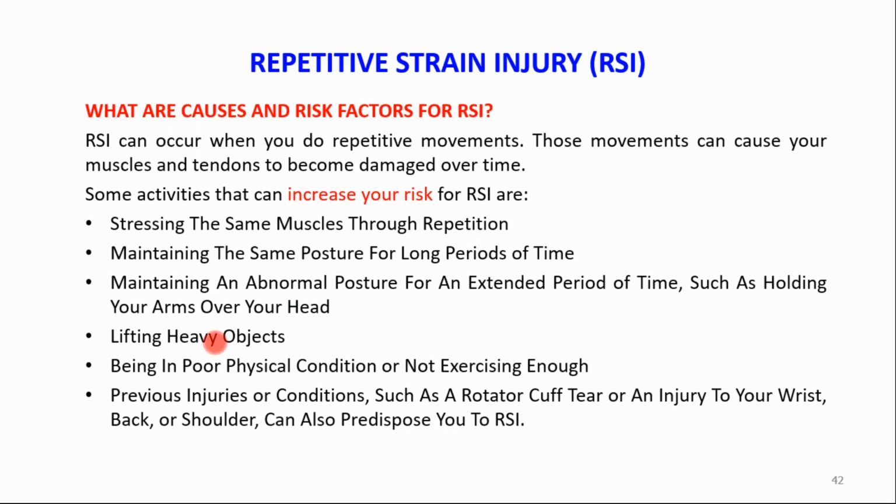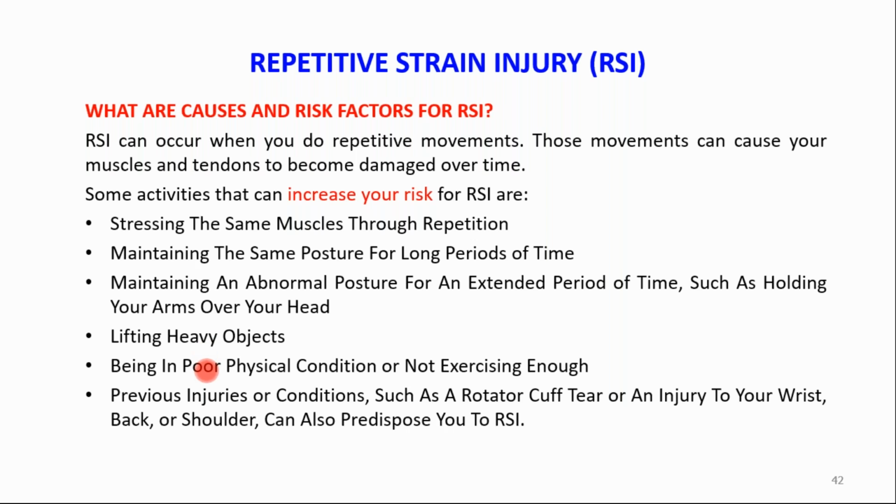Lifting heavy objects. Normally the Factory Act 1948 guided us that you should lift only 35 to 55 kgs of weight at a time, and there should be no more repetition, or lower frequency, adopted by that person. If it is not the case, then you may be at higher risk.